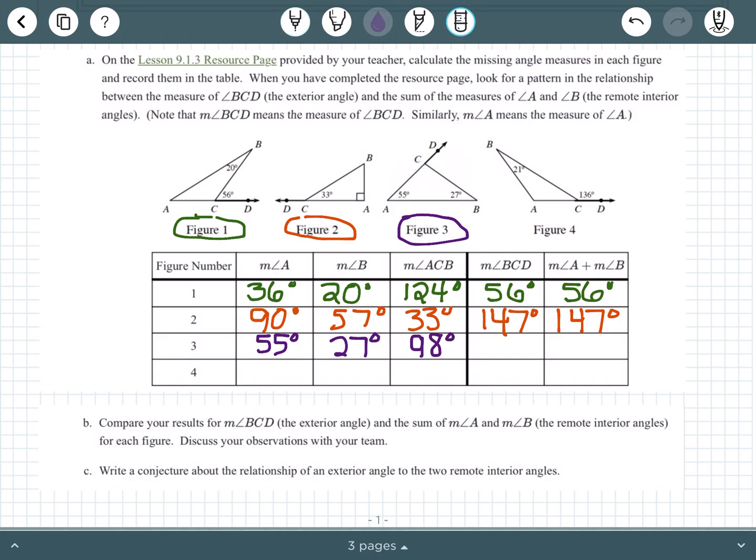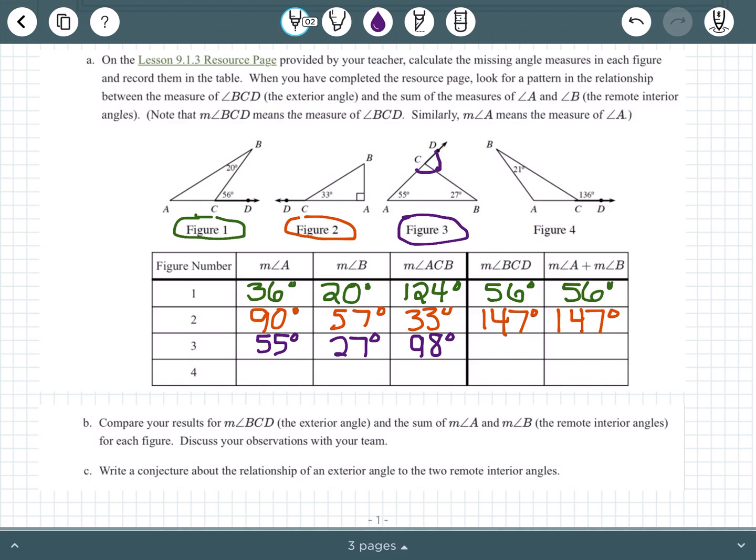Okay, now we are being asked to find the measurement of angle BCD. So BCD is this external angle, and it is not given to us, but we know that the measure of angle ACB, which is this one here, plus my measure of BCD should add up to 180.